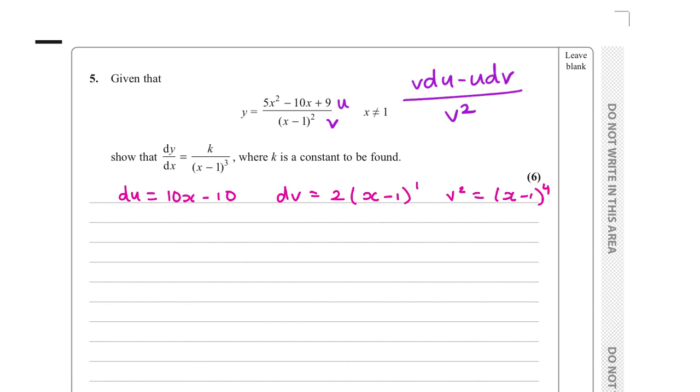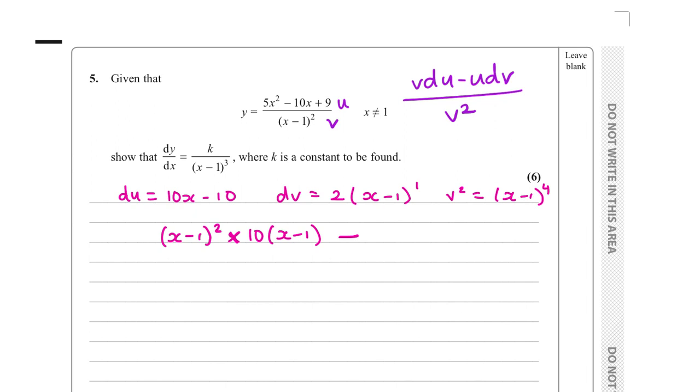So let's start. V, x minus 1 squared, multiplied by du, the differential of u, which we know is 10x minus 10. Now, 10x minus 10 can actually be factorised. They both have a common factor of 10. So I'm going to rewrite this as 10 bracket x minus 1. Now, we noticed something straight away, but I'm just going to leave it like this for now.